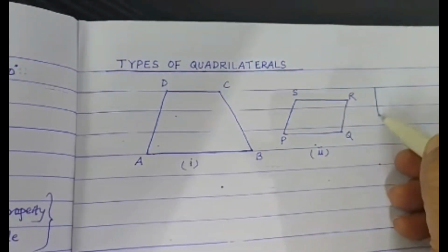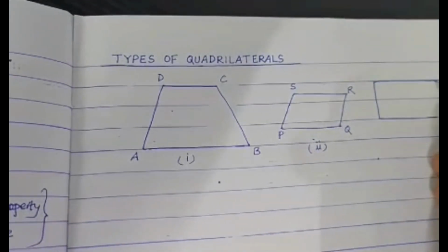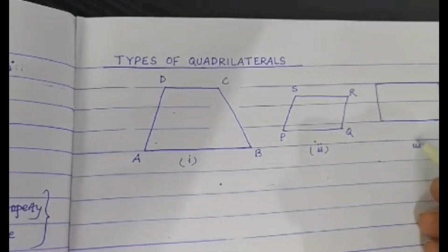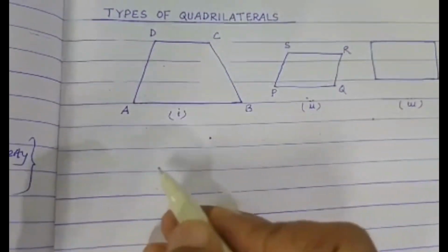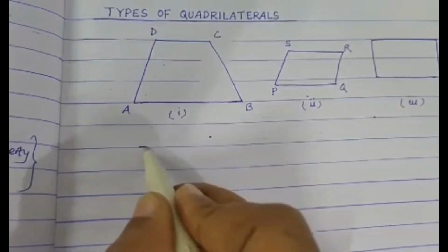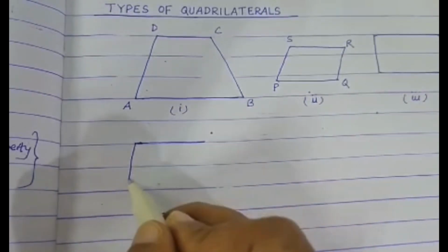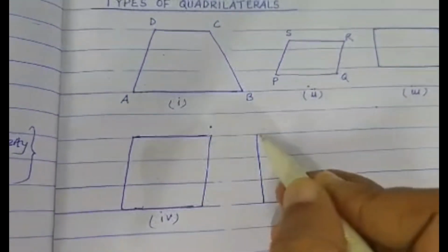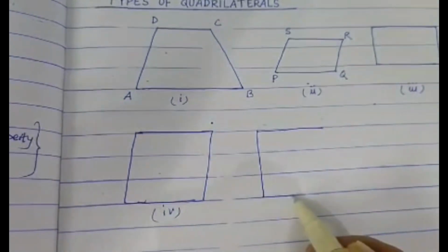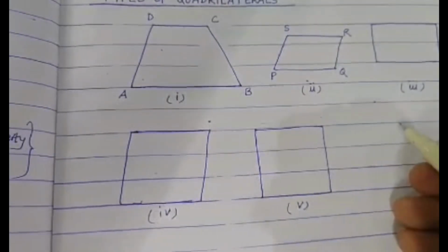Third one is like this. This is figure number 3. Now the fourth one is like this, figure number 4. Now the fifth one is like this, and the sixth one is like this.